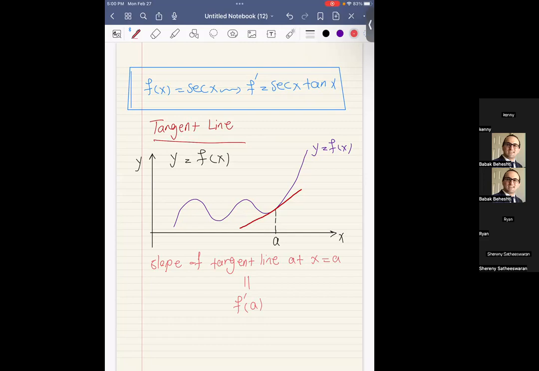So the derivative of the function at x equals a gives you the slope of the tangent line. I write it as m. So if m is the slope of the tangent line, then m is given by f prime of a. Write it here.